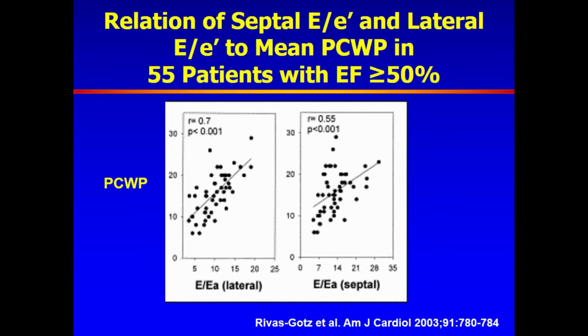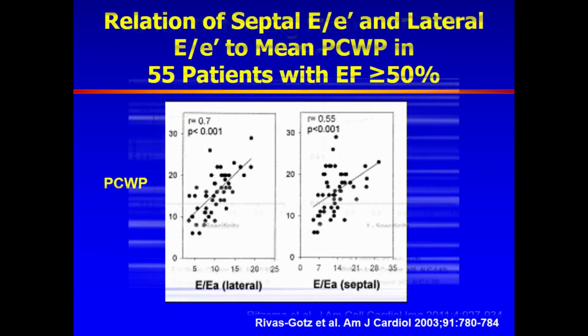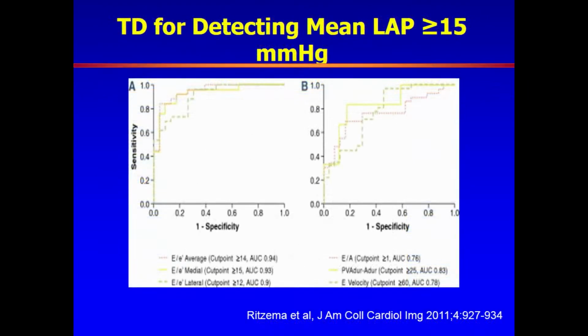If you look at the early mitral E to E prime at the septal and lateral sides, in patients with EF of at least 50%, the lateral ratio tends to do somewhat better, but both were less accurate than in patients with depressed EF. This is an interesting study that looked at the ability of echo to track real changes in mean left atrial pressure using a transducer that was implanted in the left atrium.